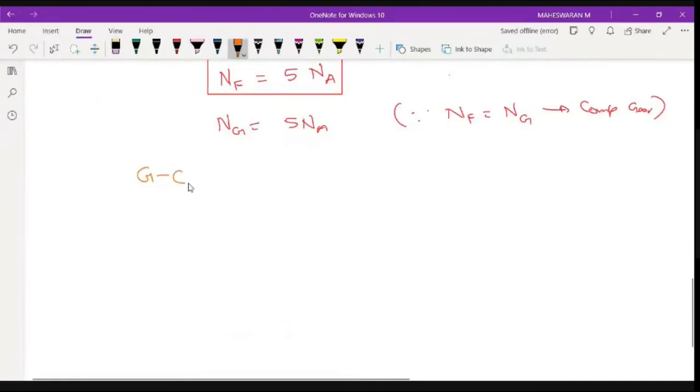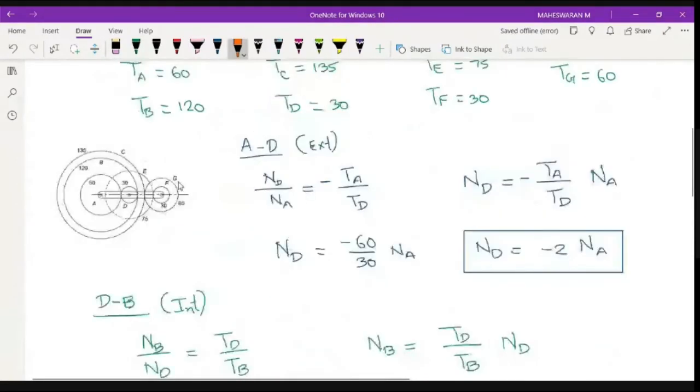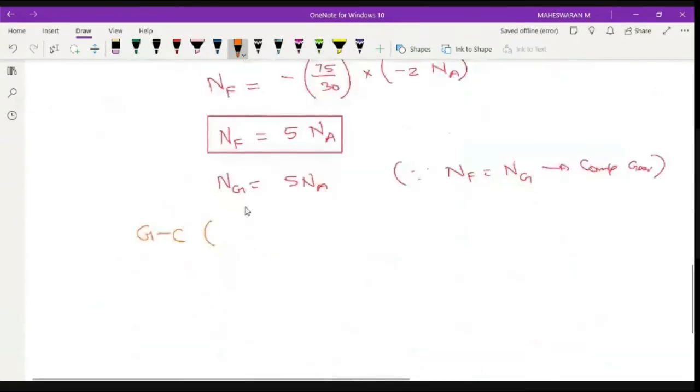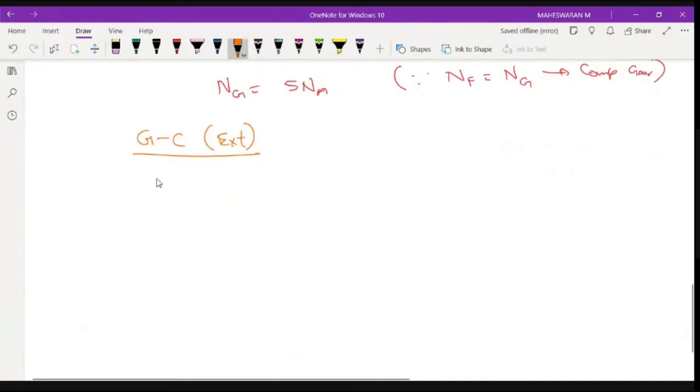The connection between G and C, external or internal? External. Yes, it's an external connection. So we will identify NC by NG is equal to TG by TC, or NC is equal to minus TG by TC into NG.